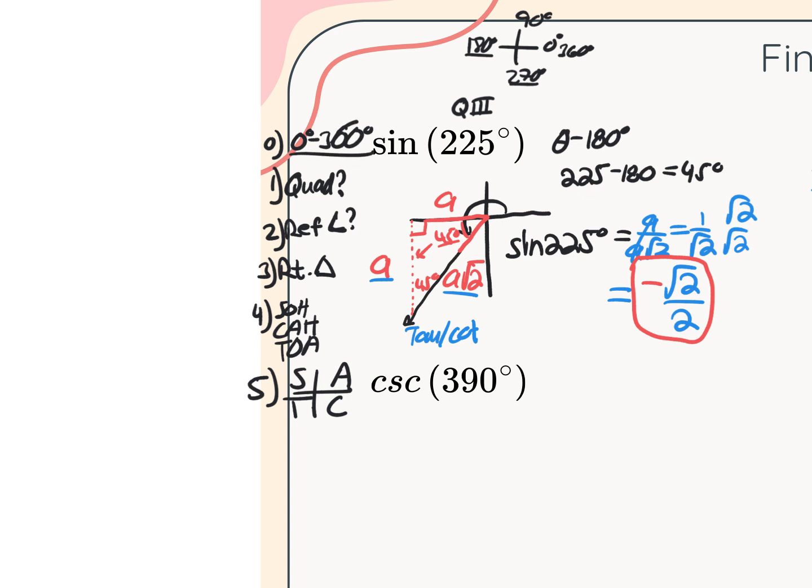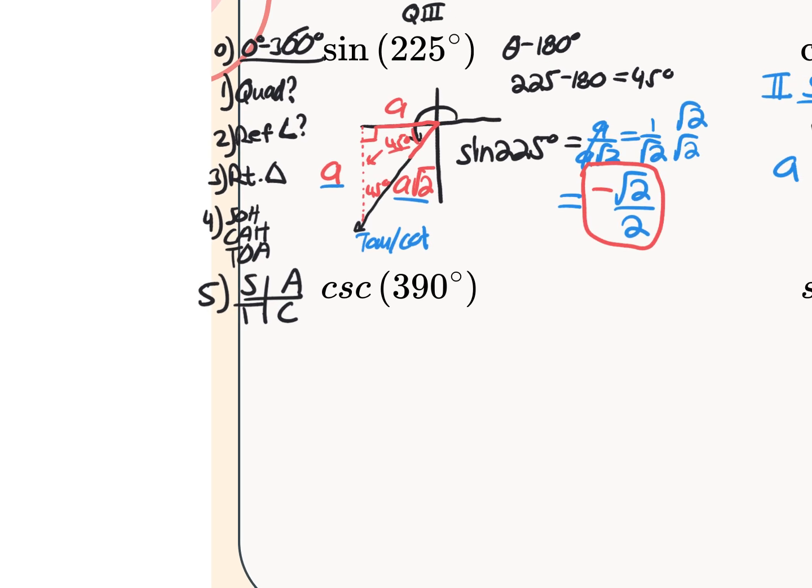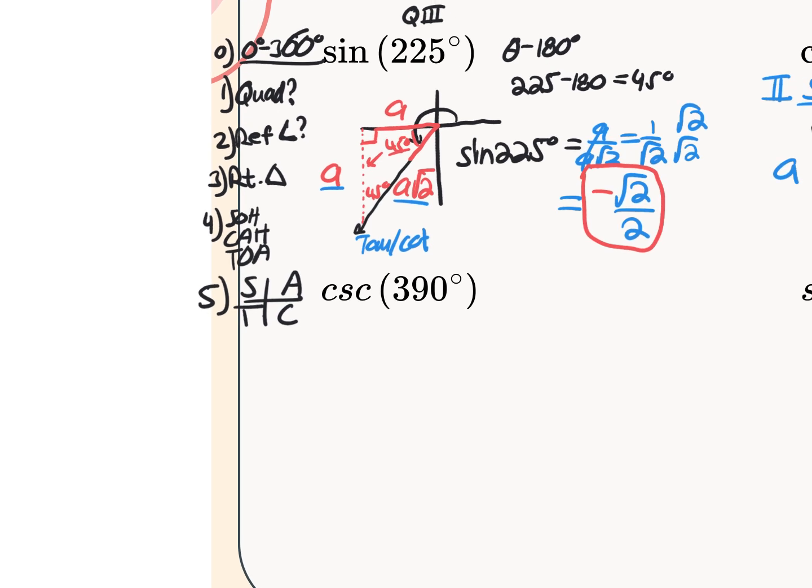If an angle is not between 0 and 360, what you can do is find a coterminal angle. Because 390 is not between 0 and 360, let's subtract 360 degrees to make it between 0 and 360. So what's that going to give us? This is going to give us cosecant of 30 degrees.